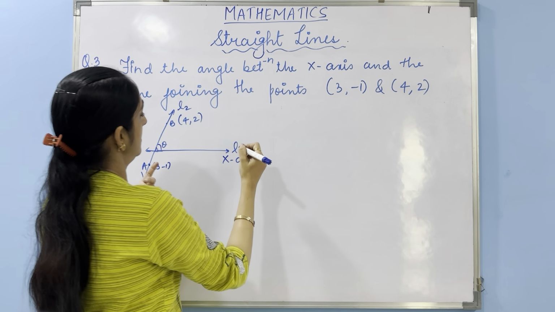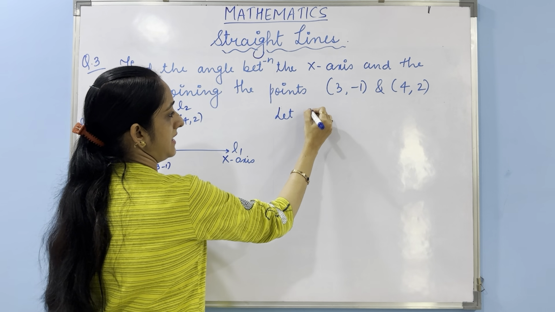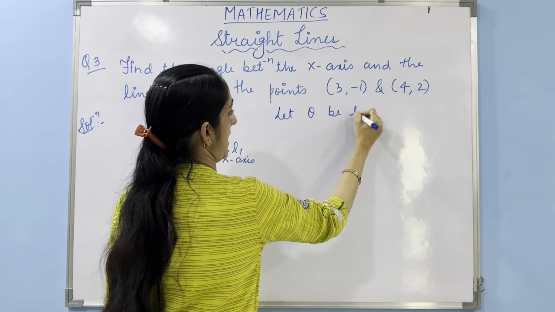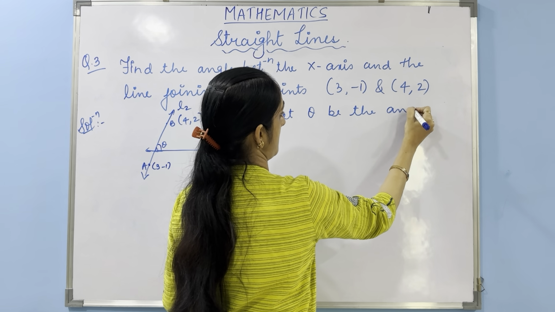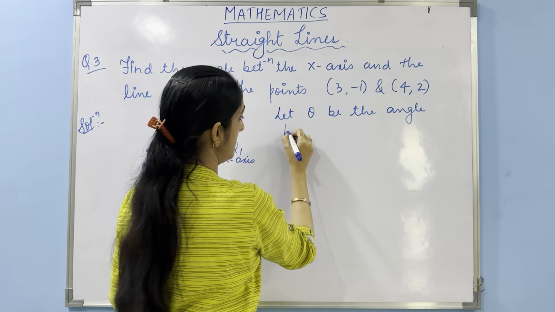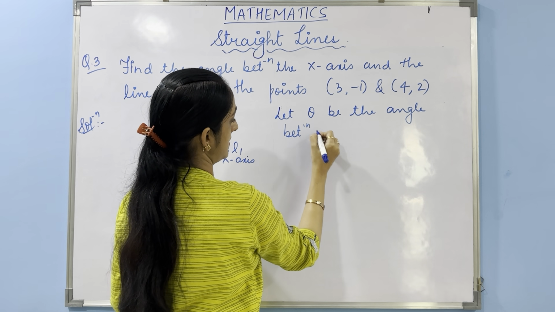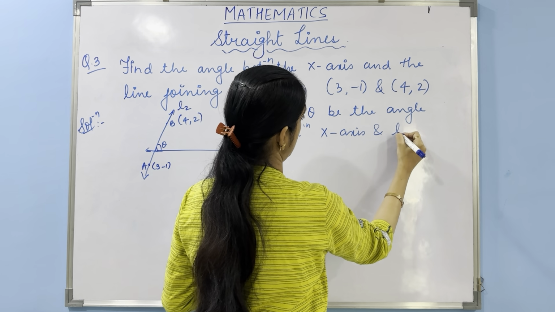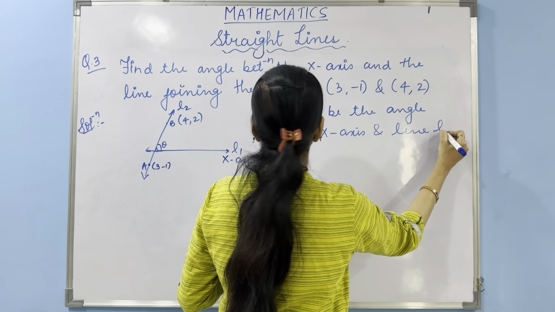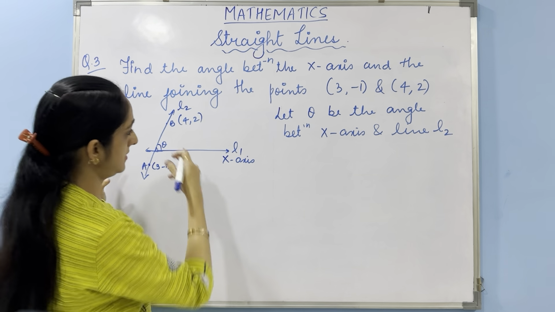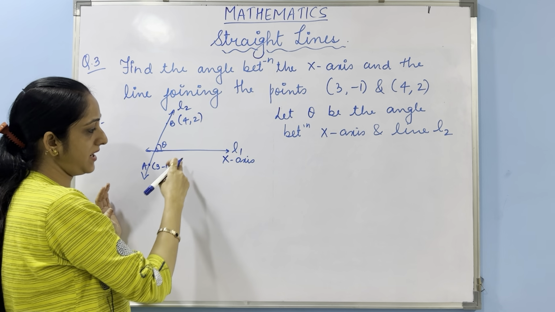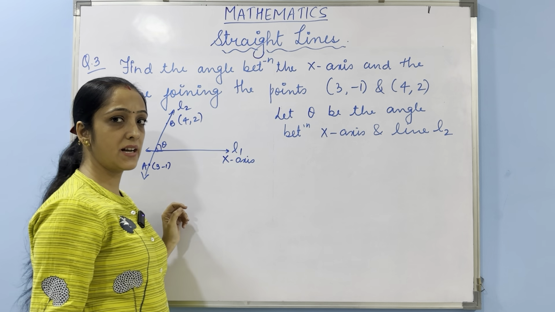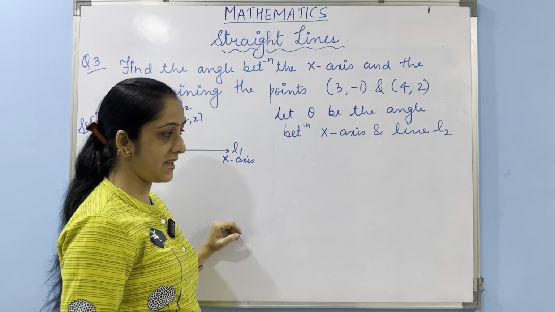So we need to consider that let theta be the angle between the two lines: one line is the x-axis and the other is line L2. You can represent the x-axis by L1.